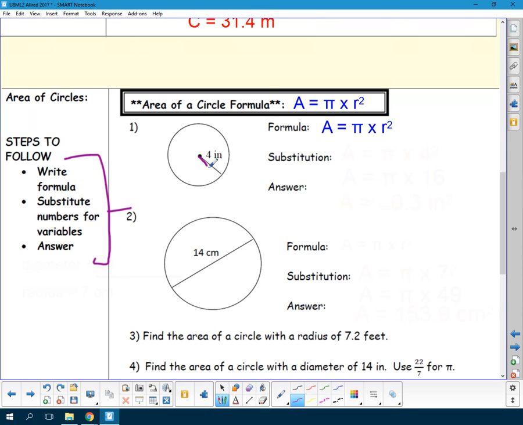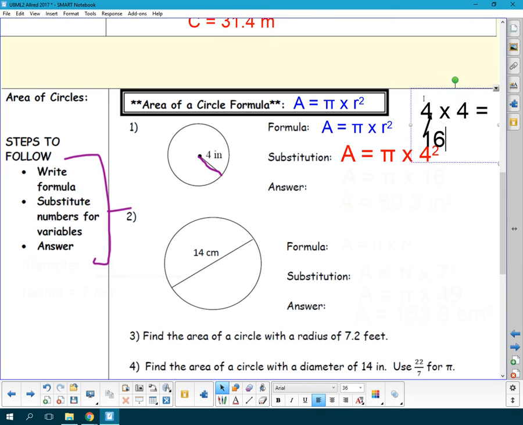So I can substitute 4 into my formula and do pi times 4 squared. The truth is that 4 squared is just 4 times itself, and 4 times 4 is 16. So I can use 16 there for my substitution after I do 4 squared.